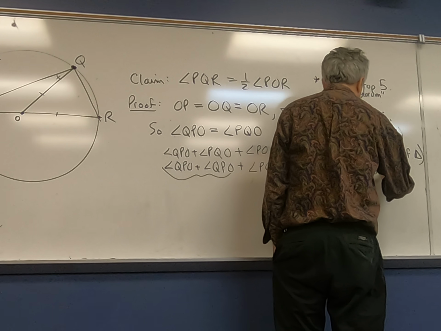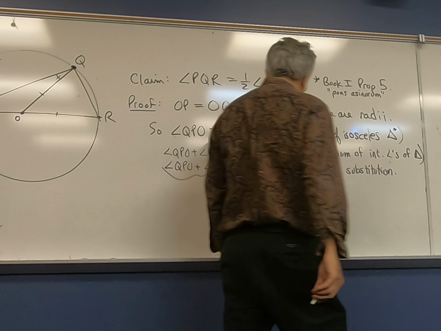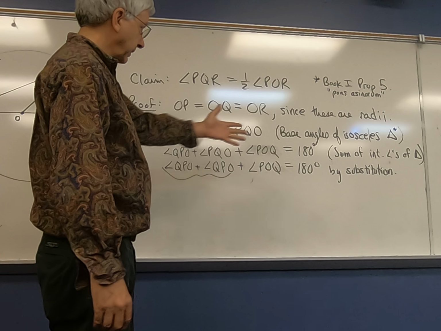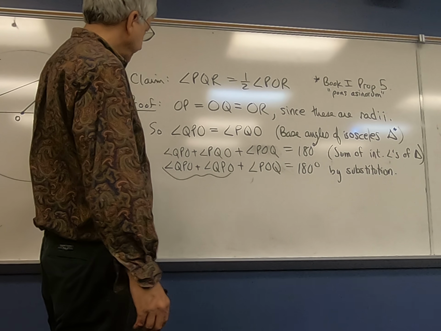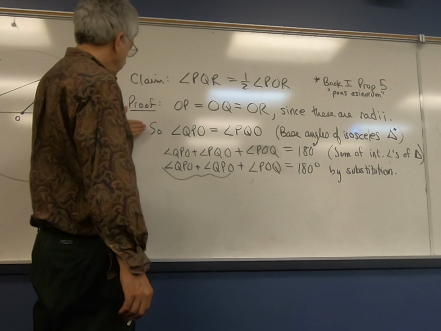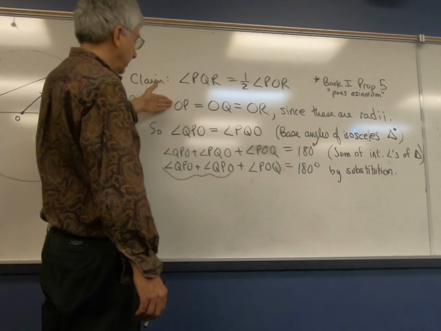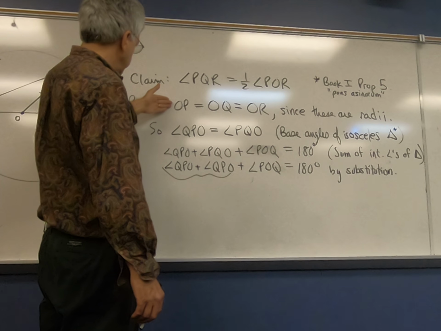So when you're doing a deductive proof like this, you should have a statement and its justification together. How many statements do I have here? 1, 2, 3, 4. And each one of these is justified. We know these are the same because they're all radii of the same circle.